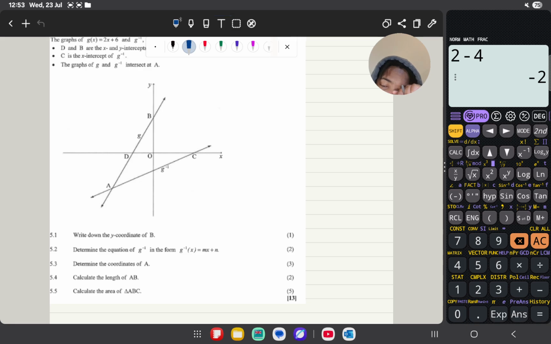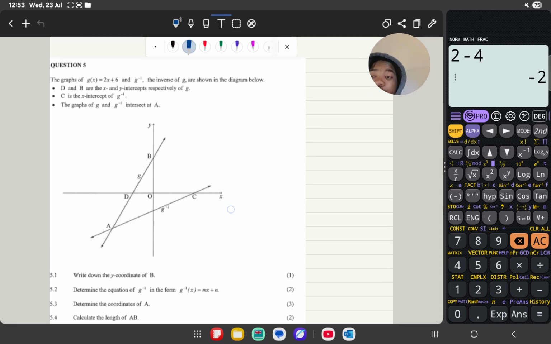So we have this one also. I also chose this question because it has inverse functions of some sort. So you have g and g inverse, and a couple of points there. I think they're turning it into geometry.